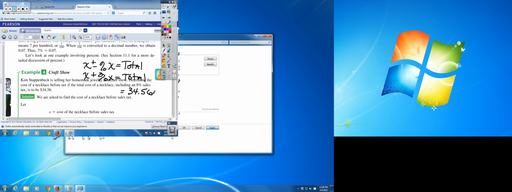What's the percent? 8. So that's going to be X plus 0.08X is equal to 34.56, and that's 1.08X is equal to 34.56. And how do I get rid of multiplying by 1.08? Divide by 1.08. That's right, class. And X is equal to, what's that? 32 even?